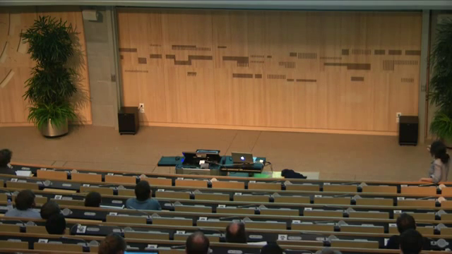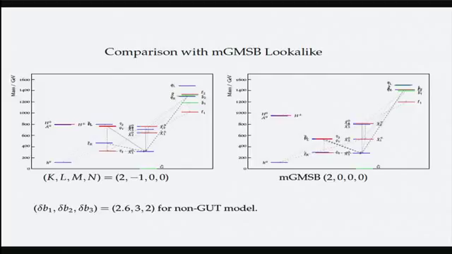Now, another thing I was saying is we'd like to compare this to the class of models that people have studied before, like minimal gauge mediation. One good way to compare these is to look at models that have very similar gluino mass and stop mass. So this sector here, you try to fit to be about the same as a minimal gauge mediation model. This is the non-GUT model, this is the minimal gauge mediation model.